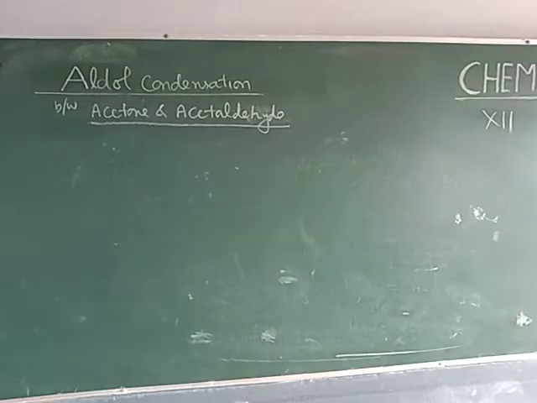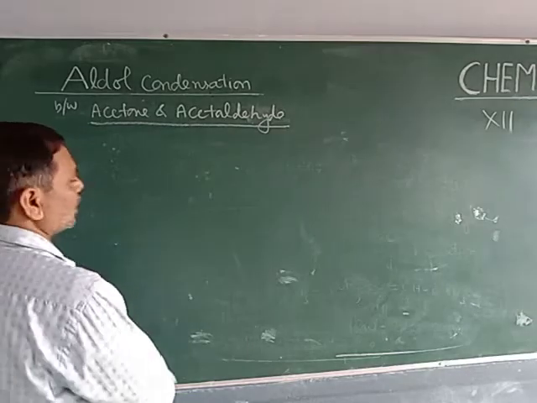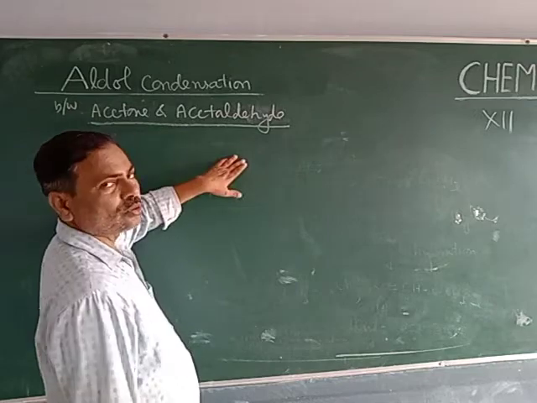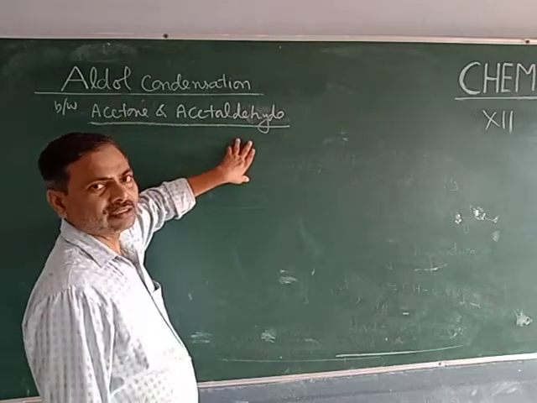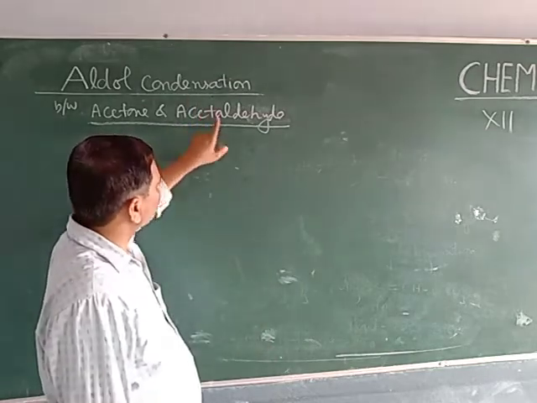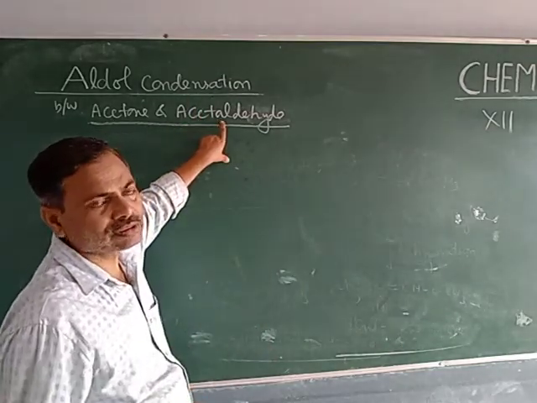Now aldol condensation between acetone and acetaldehyde. In the previous reaction I used the alpha hydrogen of acetone; now, in this reaction, the alpha hydrogen of ethanal or acetaldehyde will be used.